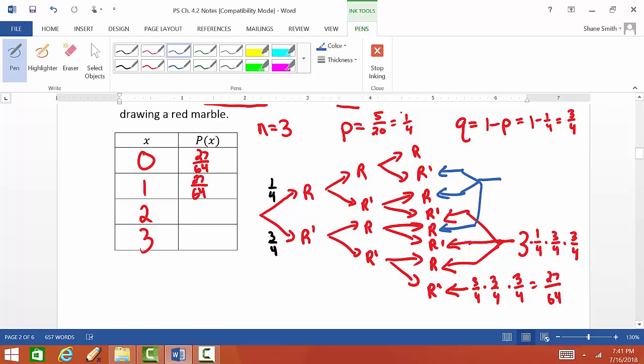And once again, in all of these paths, there's 2 R's and 1 R prime, so we have a 1/4, a 1/4 for the R's, and then we have 1 R prime, and there's 3 of them, so we multiply by 3, and this one's 9 over 64. And then the last one is just 3 red, which is just the top path. That's 1/4 times itself 3 times.